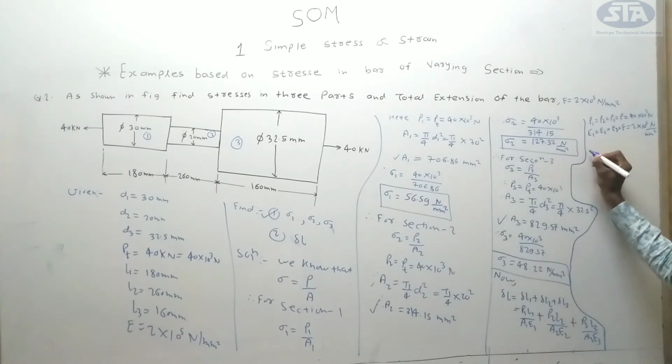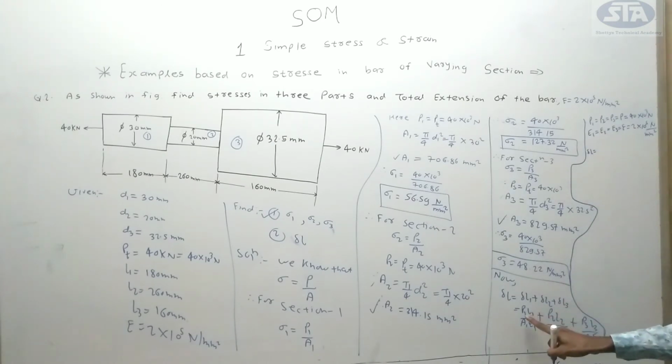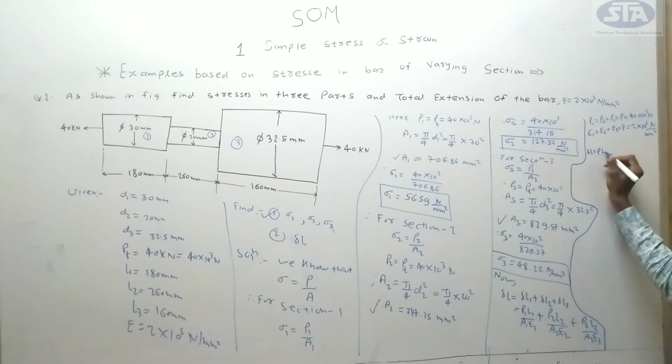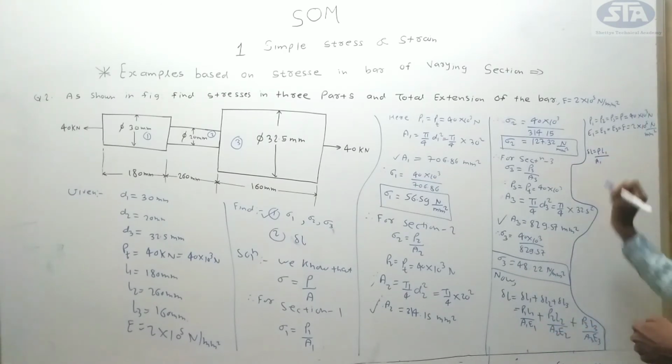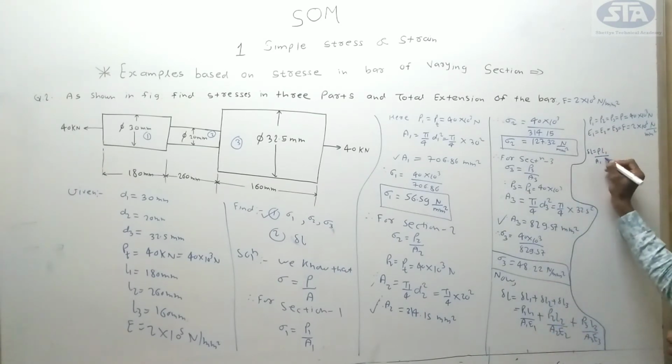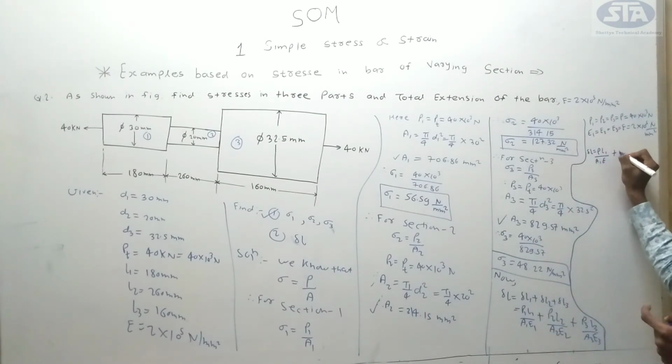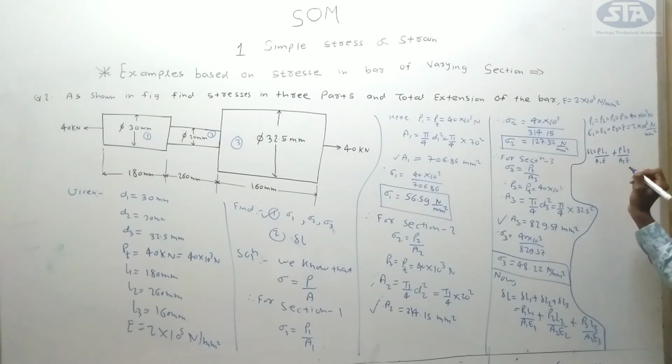Then delta L is equal to P, L1, A1, and E for the first term, P, L2, A2, and E for the second, and P, L3, A3, and E for the third.